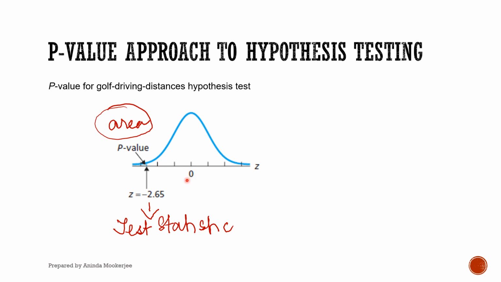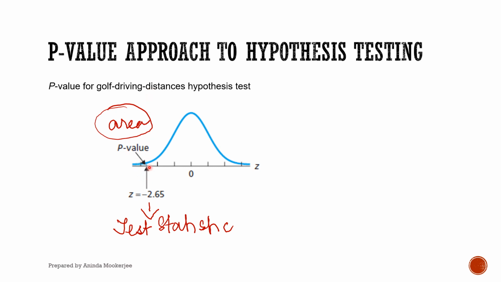Given that the null hypothesis is at the center, what is the probability of getting a z-value from our sample study, that is the test statistic, of this measure? How do we find the probability? We have to go to our table or use our graphing calculators to find the corresponding p-value.